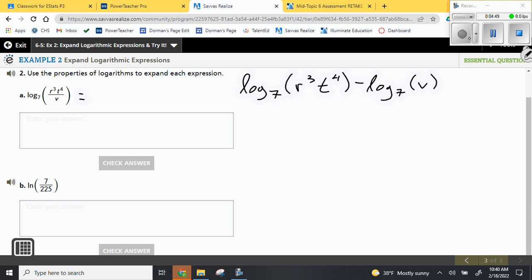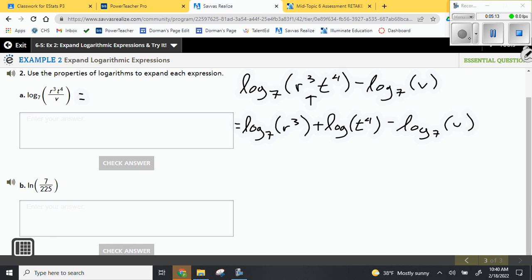The next thing I need to do is I have a product here. So that is going to be equal to log base 7 of r cubed plus log base 7 of t to the fourth. I split this product up right here, and I'm going to leave this log base 7 of v out here on the end.